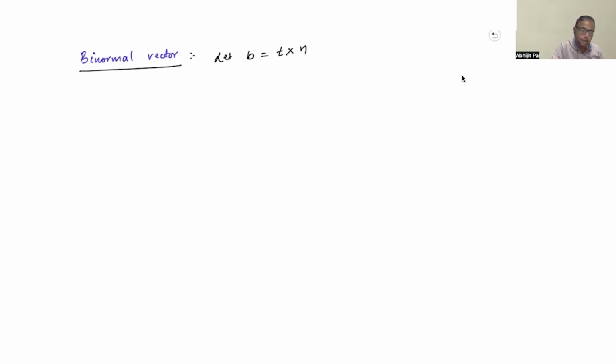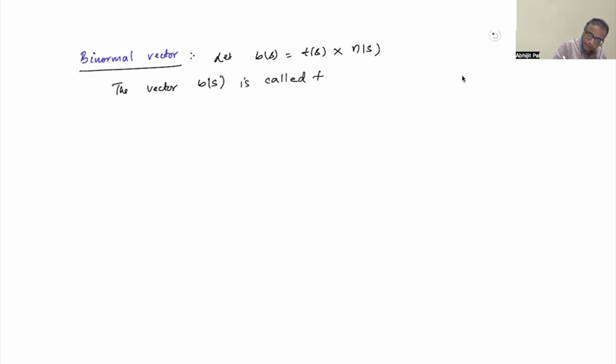So we take this vector, B(s), equal to T(s) cross N(s). The vector B(s) is called the binormal vector.